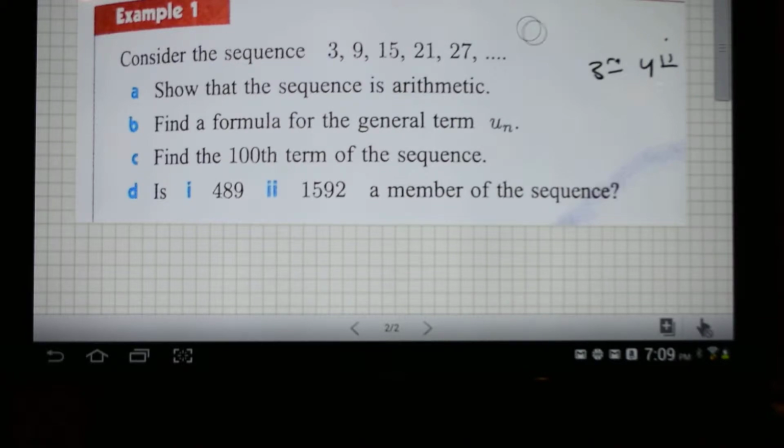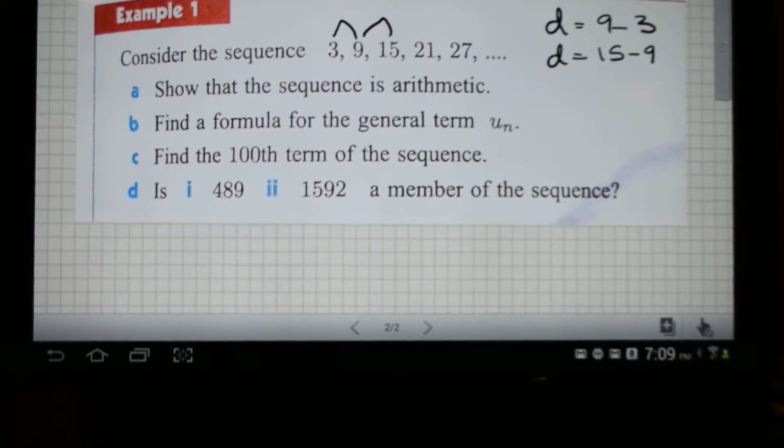So, for example, we're going to do 9 minus 3, and then 15 minus 9, and just confirm that we're going to get the same thing twice. We'll get 6 each time.